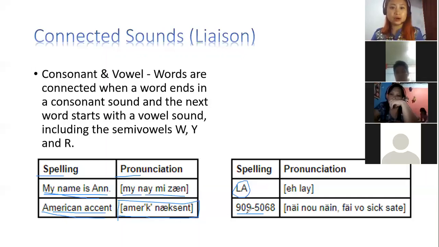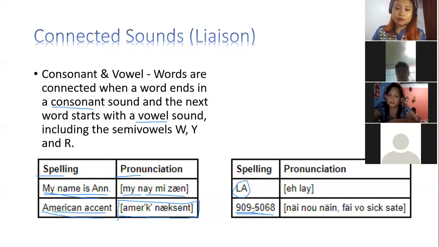So, who can read these numbers? 909-5068. Yes, because our rule here is that when a word ends with a consonant and the next starts with a vowel, you will connect them.